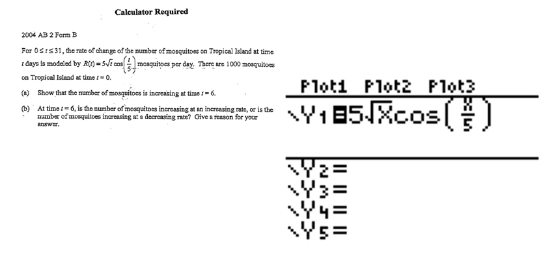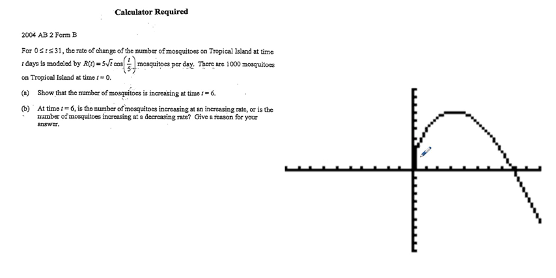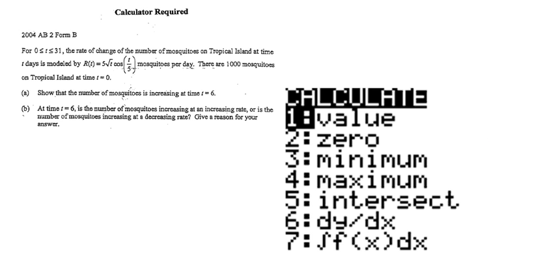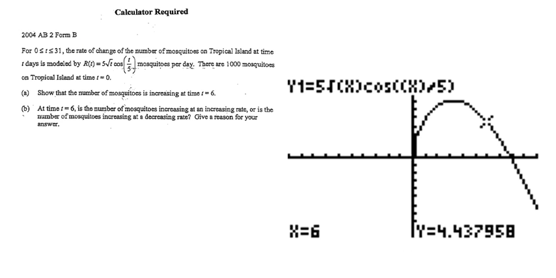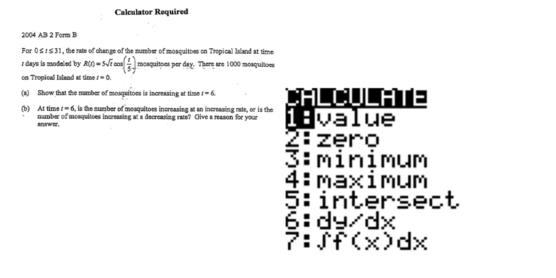Another thing we can do is graph this function by putting the function right into the calculator, and we see a relative maximum. We can examine this by going to second trace and finding the slope.